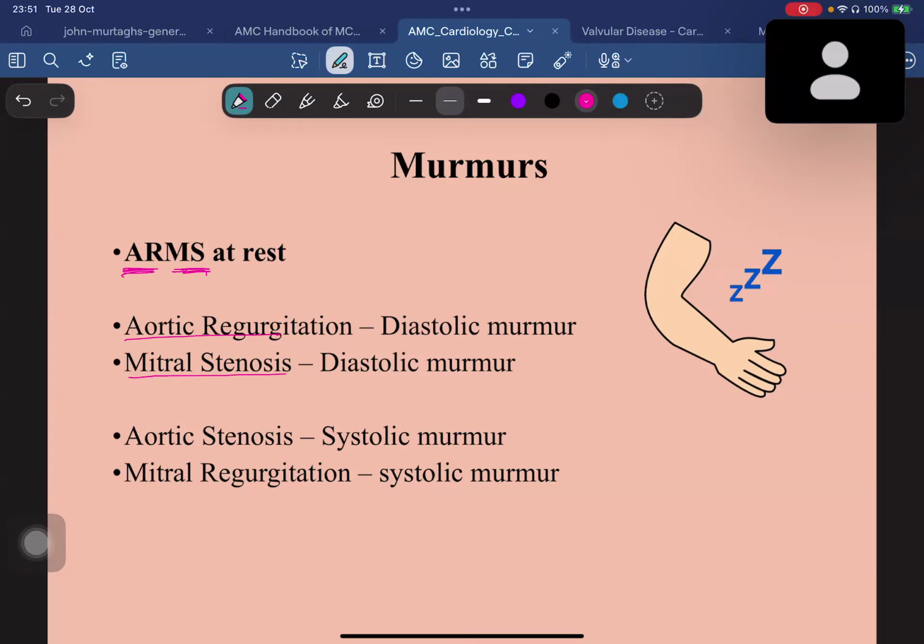At rest means diastole, and at work would be systole. So that's how I try to remember it. You don't have to bother remembering the systolic types. You just remember aortic regurgitation and mitral stenosis is at rest, ARMS at rest. That way you would remember the two diastolic murmur types and then you would remember the other systolic types.